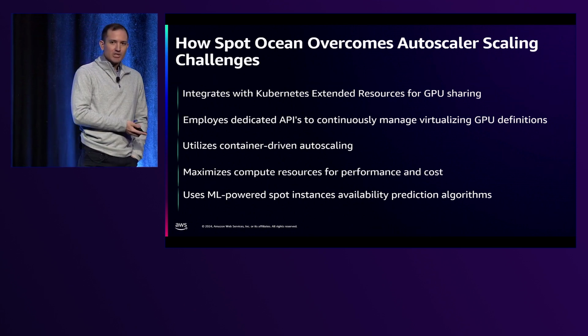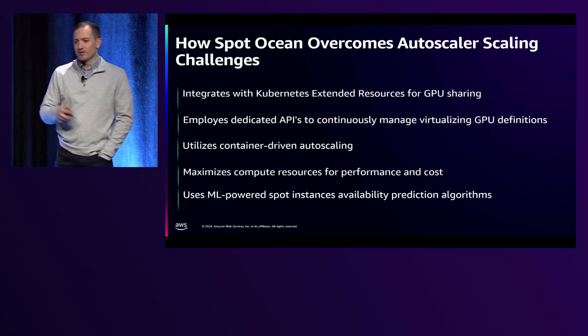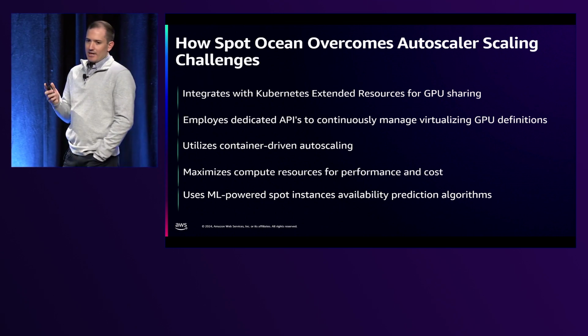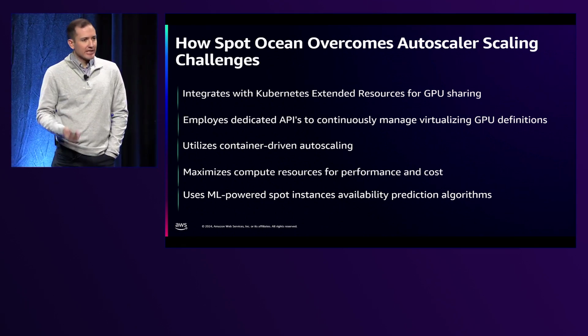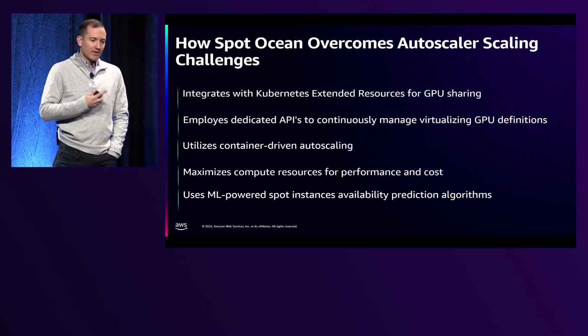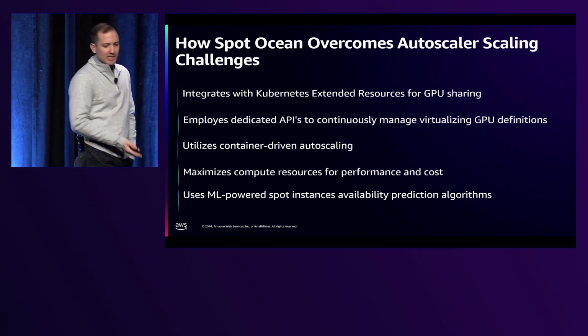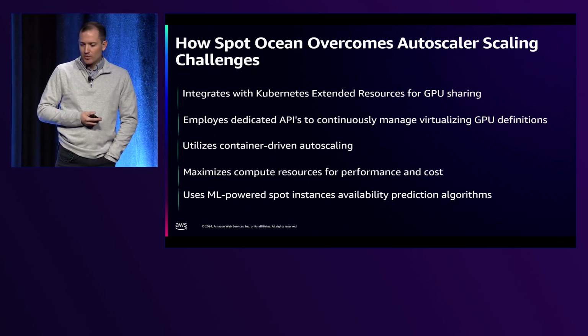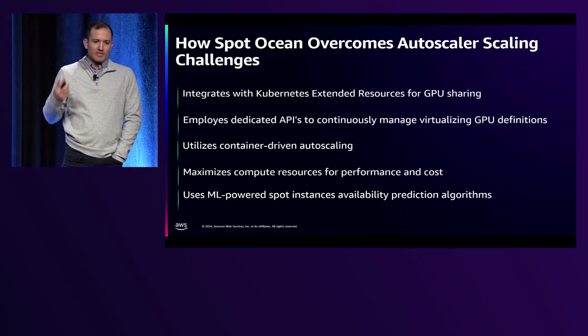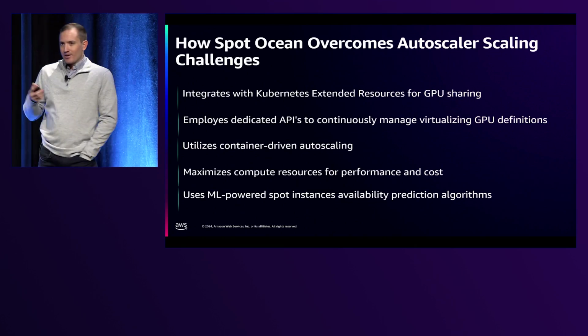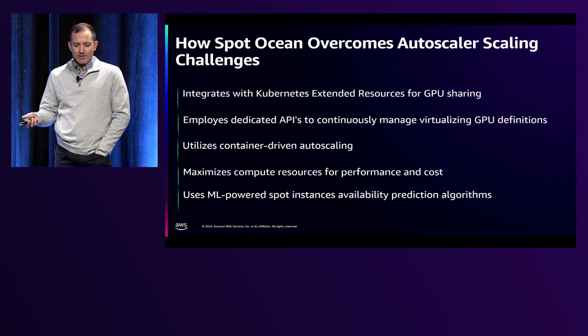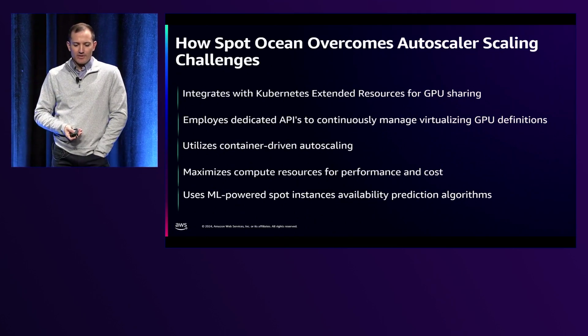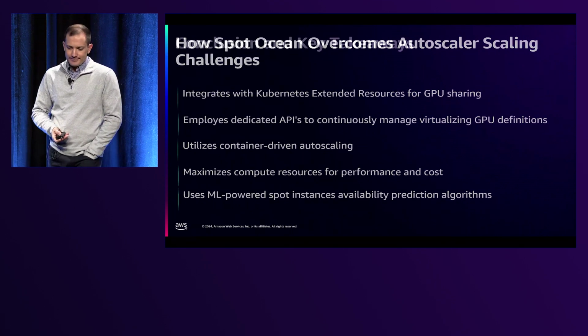So we use these machine learning algorithms to only launch Spot infrastructure in availability zones and markets that we believe are going to be highly available and at the best possible price. So when you think about some of those GPU challenges, it's yet another way to save off the top of your cloud bill.